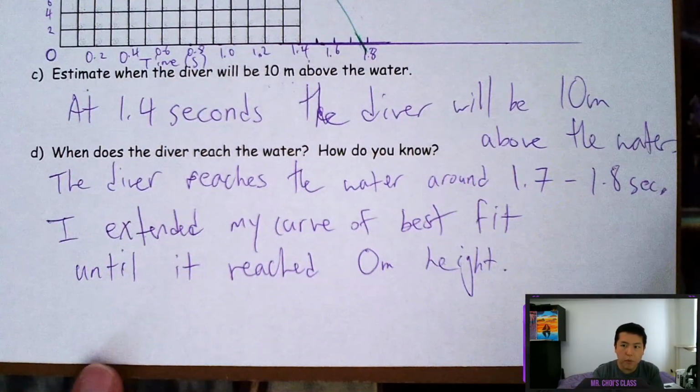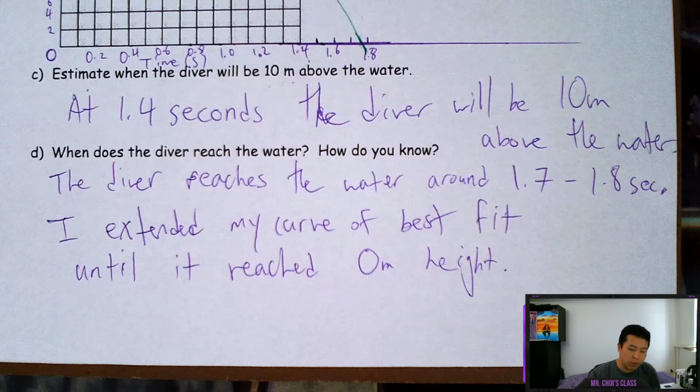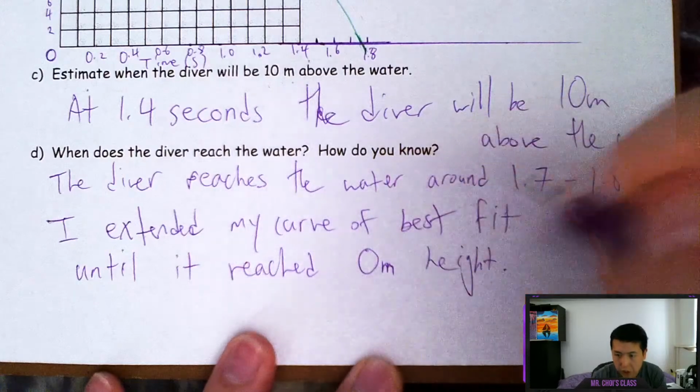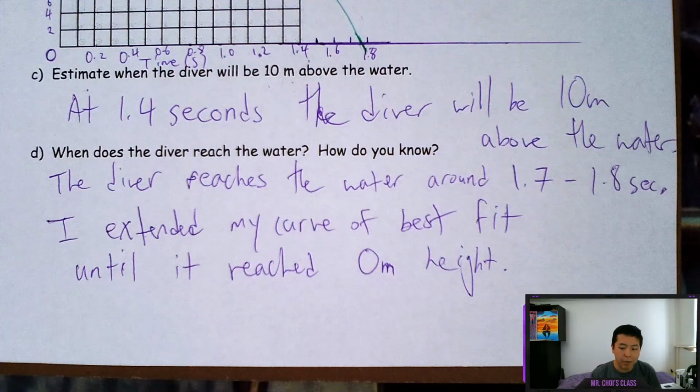Okay? So when we start guessing things, we need to extend our line of best fit. We need to extend our curve of best fit to guess what it's asking for. So our final portion for your test assignment is going to be, can you give me your best estimate using your line or curve of best fit?